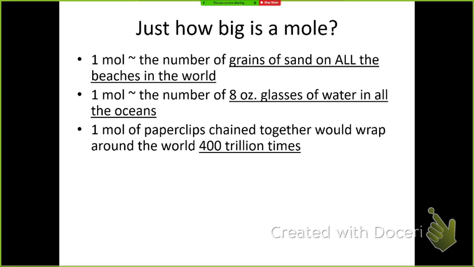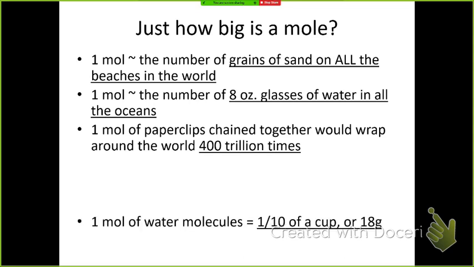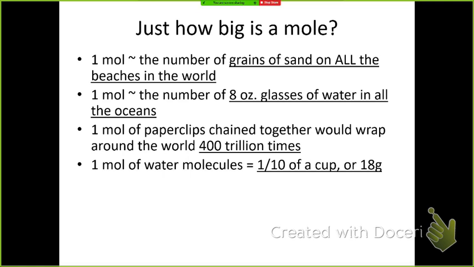Now, one thing that you should have picked up from the video was that even though the mole is a really, really big number, if I have a mole of water molecules, that doesn't make very much, because molecules and atoms are so tiny. So a mole of water molecules is about 1/10 of a cup of water.